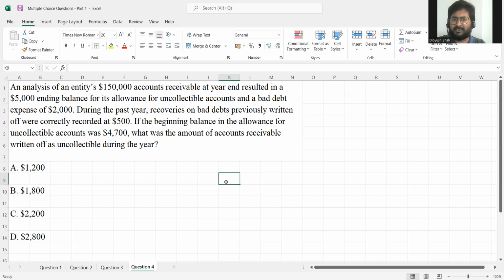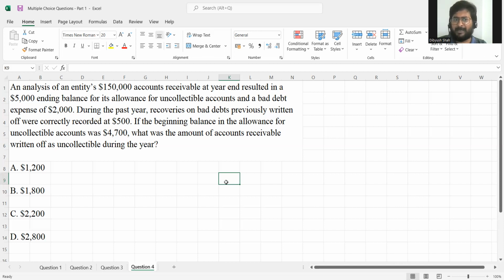During the past year, recovery on bad debt previously written off. Remember the journal entry? You can understand it from that also. Cash debit, allowance credit. But there are two steps: AR debit, allowance credit, cash debit, AR credit. During the past year, recovery on bad debts previously written off was correctly recorded at 500. So last year, bad debt recovery has happened, $500.